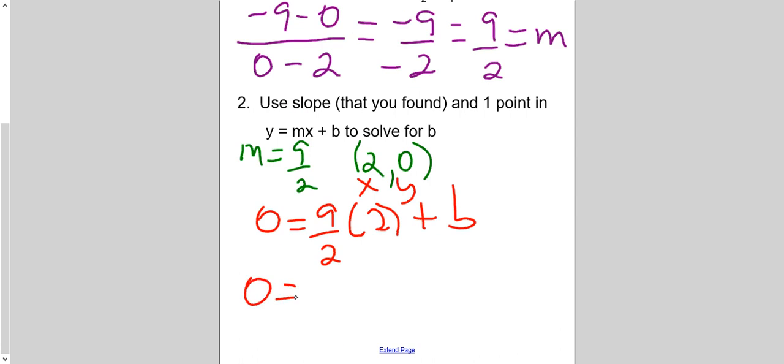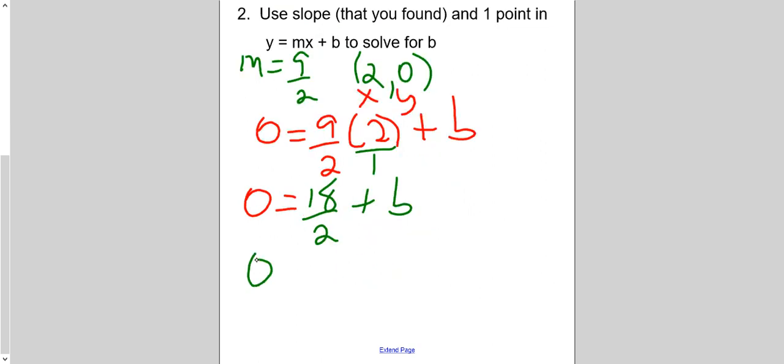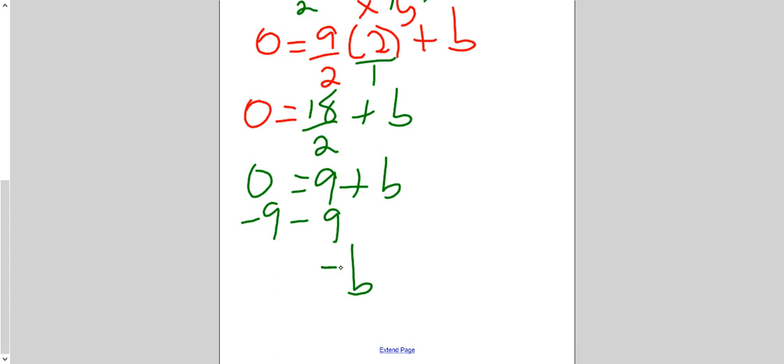Now, remember, fractions, we said multiply the tops and then the bottoms. So 0 equals 18/2 plus b. So 0 equals 18 divided by 2 is 9. And then I'm going to subtract 9. And we get b equals -9.